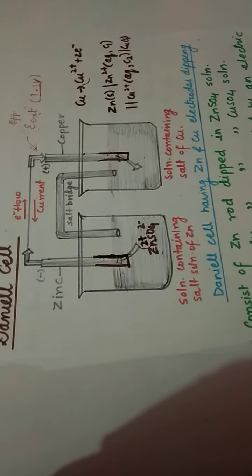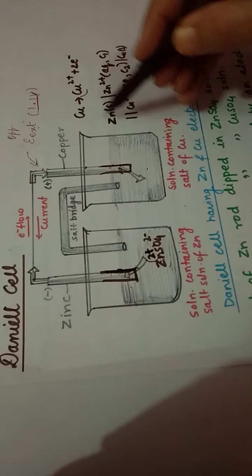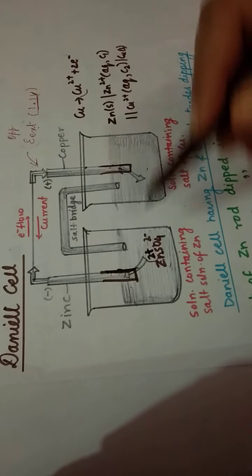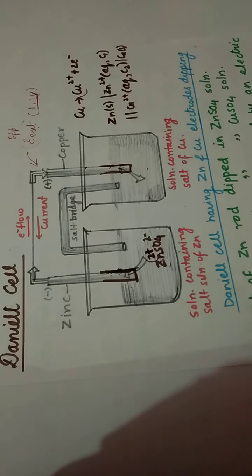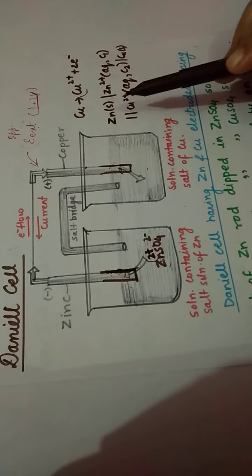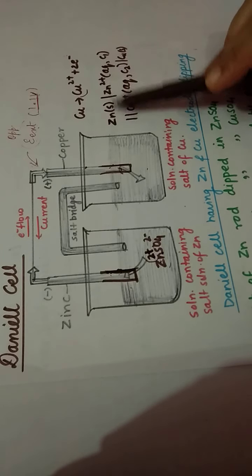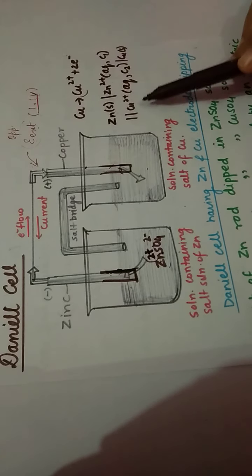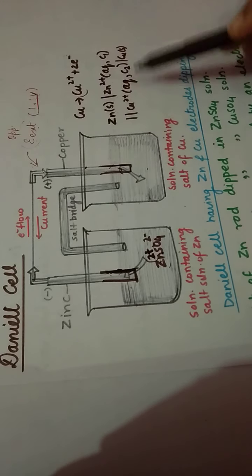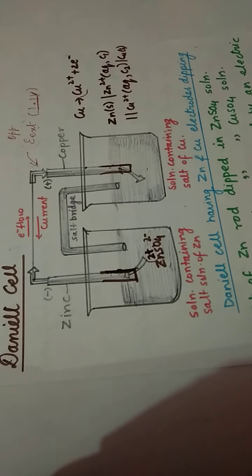Okay children, so this is how I am going to represent this Daniell cell. Here, as I have told you, the anode is written on the left side, and the cathode, that is copper and copper ion, is written on the right side.